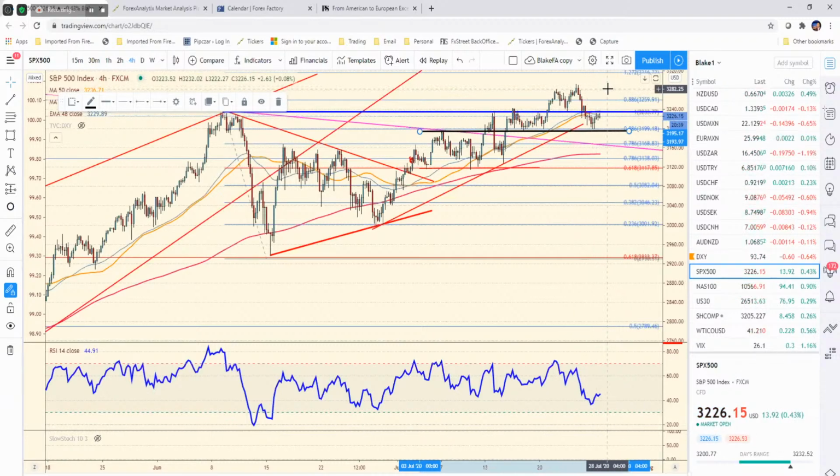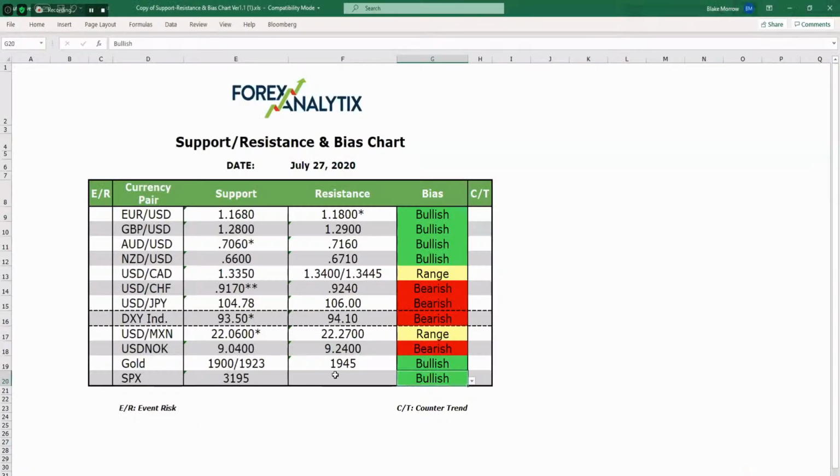So 3290, I think, is going to be resistance. I think it's still bullish, but be careful, because if we break through this support, 3195, it's going to change us from being bullish to more of a range.